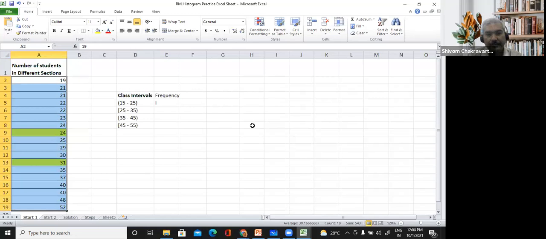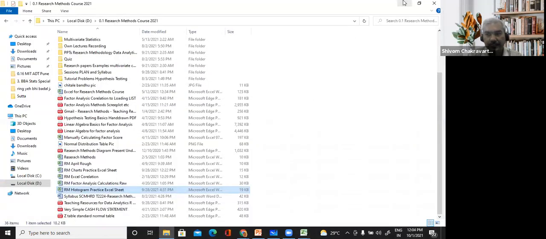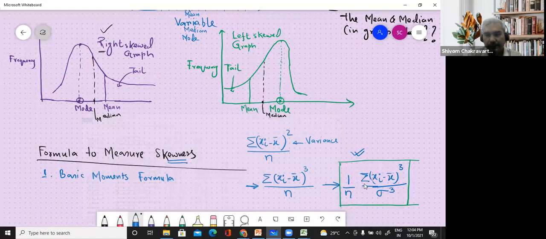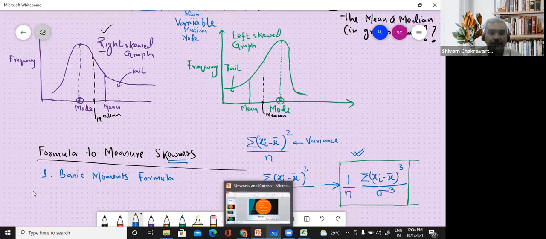So this way you can calculate the skewness. This is actually the most robust way. Basic moments formula is the most robust way. Then how will you infer?